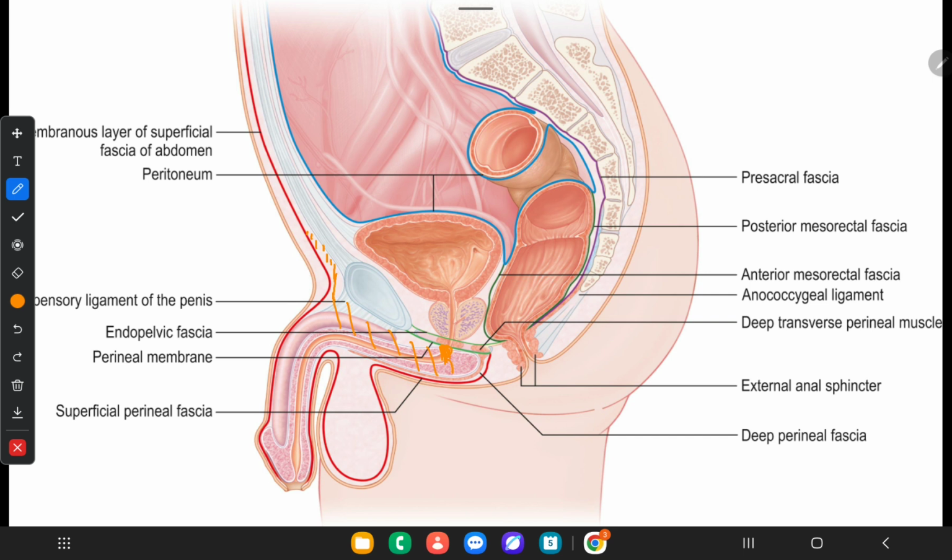You can see it continues into the anterior abdominal wall as well. Because of this fascial continuity, this fascia is continuous upwards as the membranous layer of the superficial fascia of the abdomen. So there is no tight compartment, so urine can go into this side as well.